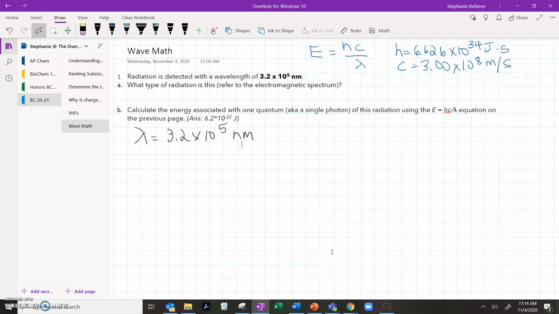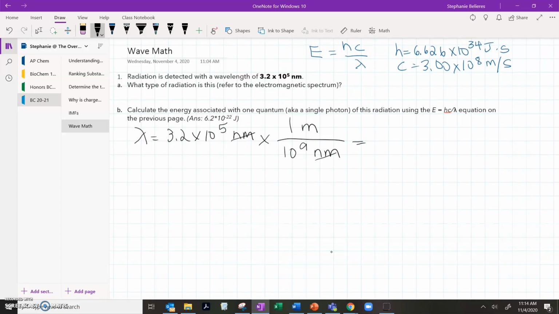And I'm going to do that using dimensional analysis, knowing that a conversion factor, every 1 meter is equal to 10 to the ninth nanometers. And you can see here that in the conversion factor, I've started with nanometers and I want to go to meters. So my meters unit is in the numerator and my nanometers is in the denominator so that I can cancel those out.